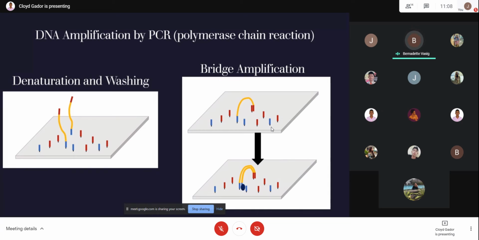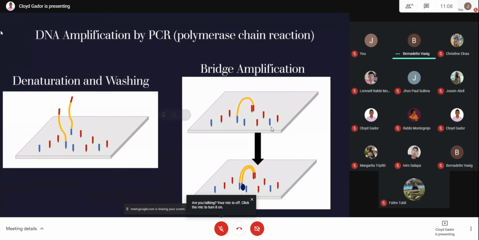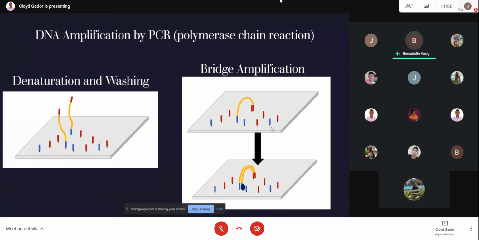And aside from that, in the statistical context, it's also important to create large samples of DNA for verification purposes and for statistical purposes. That's why before DNA sequencing, this DNA molecule must be amplified first and create multiple copies before subjecting to sequencing.